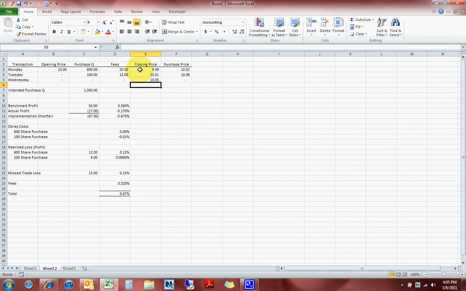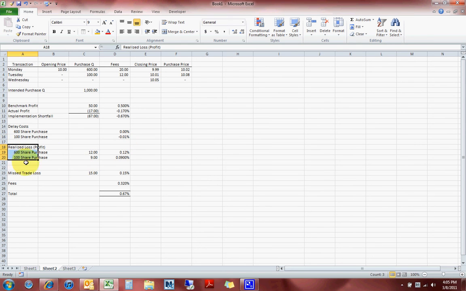So it's basically the closing price for Monday. The 100 shares were purchased on Tuesday, so on Monday the price went down from $10 to $9.99, and that helped us somewhat because that was a good thing that we didn't execute that order that day. So the price went down, which resulted in about 1 basis point of negative cost.